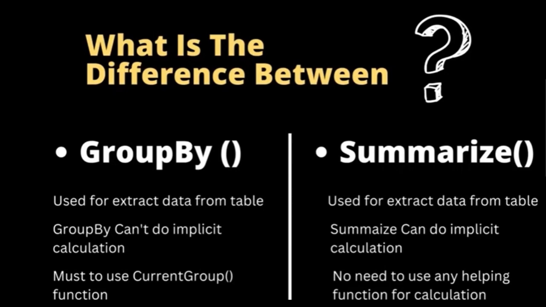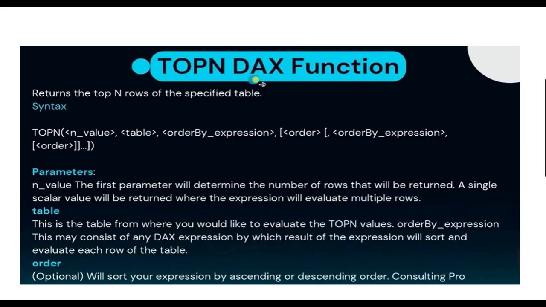SUMMARIZE can do implicit calculation. GROUPBY needs the help of CURRENTGROUP or some other function, but SUMMARIZE doesn't need any helping function for calculation. So this is the difference between both.